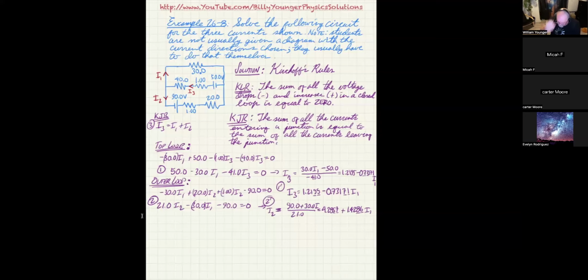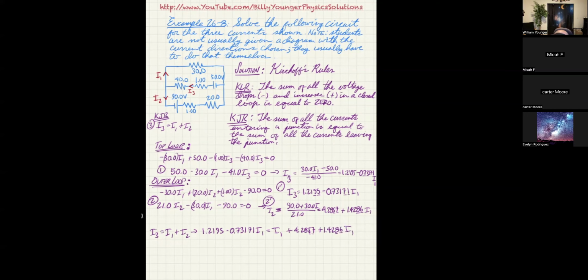Now all I have to do is plug these into equation 3. So now I've got I3 is equal to I1 plus I2. That's going to give me 1.2195 minus 0.73171 I1 is equal to I1 plus 4.2857 plus 1.4286 I1.